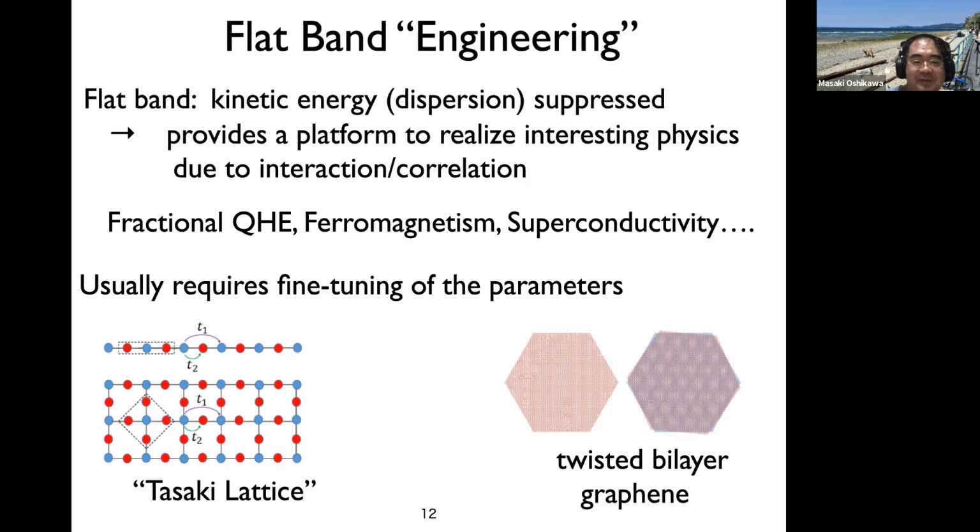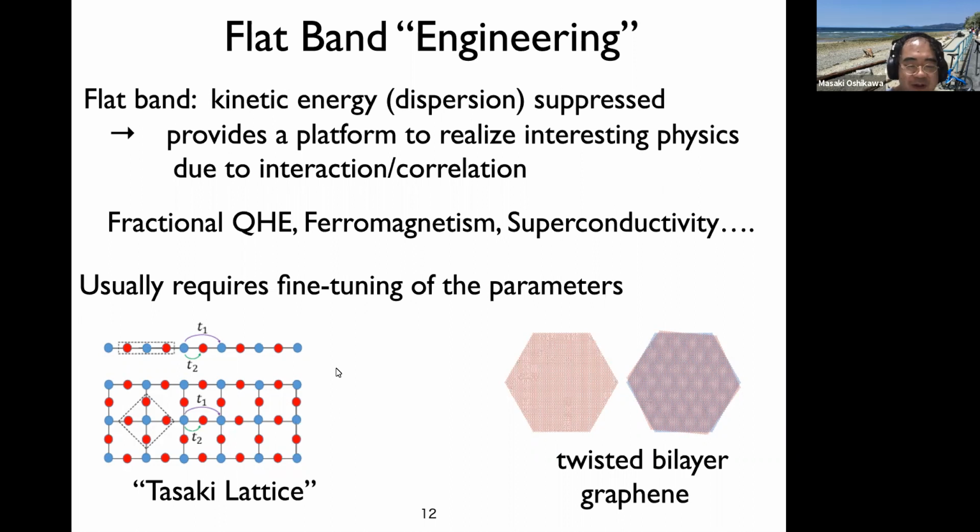So flat band provides an interesting platform to realize strongly correlated physics like ferromagnetism and superconductivity. There have been a lot of flat band models proposed, at least theoretically, like the Tasaki lattice, which realizes ferromagnetism rigorously.